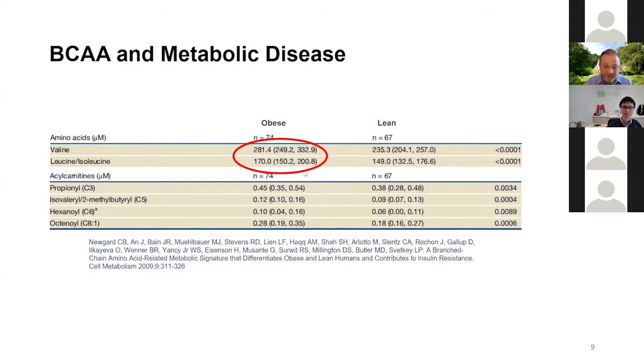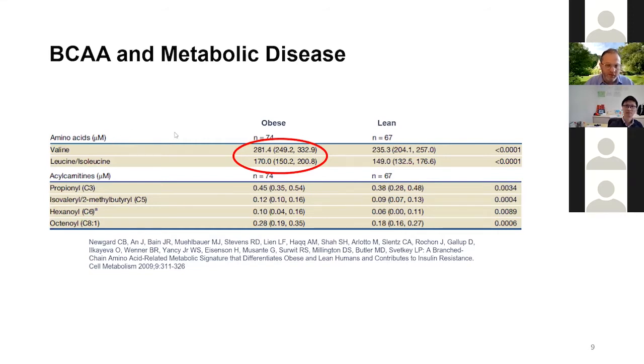Now, this is actually not the first time this was observed. It was reported by Phil Felig, who was at Yale in the 1970s, and Chris Newgard brought it back up. It turns out this signal of elevated branched chain amino acids in the circulation of insulin-resistant people is very robust. Most studies that look at amino acid levels in the blood of people with insulin resistance will show this elevated level.